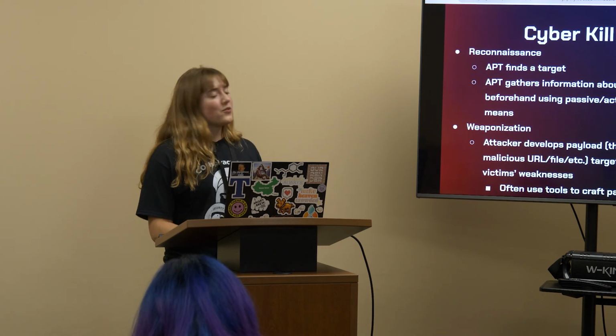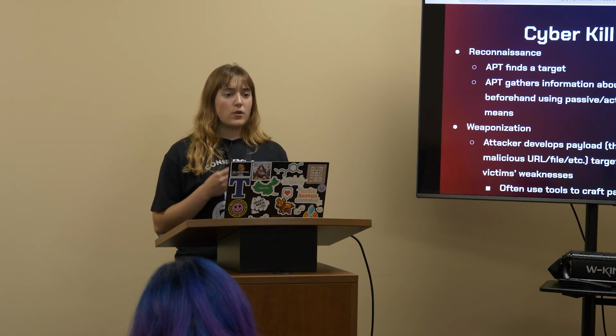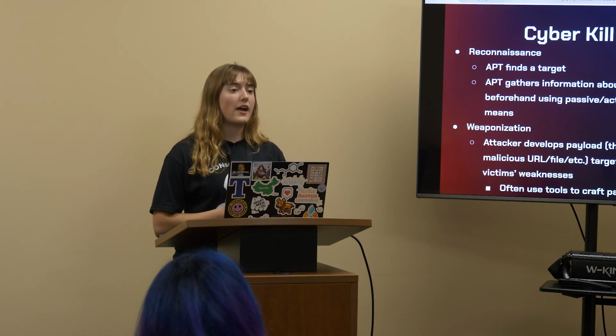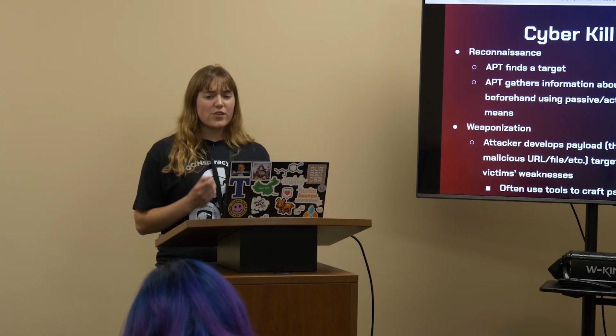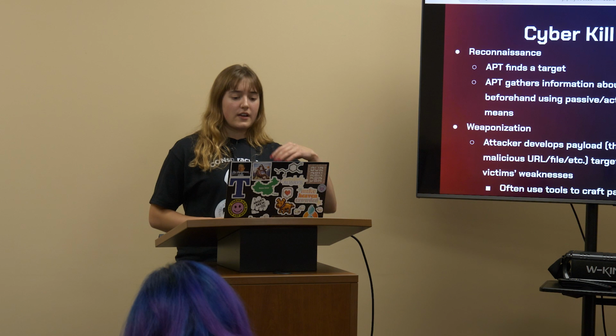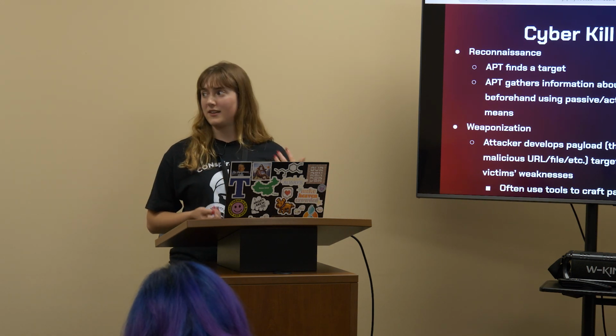So the first step is reconnaissance. Here, the APT will gather information before performing the actual attack through either active or passive means. Active is really what we think of, interacting with either the victim or the victim's systems.